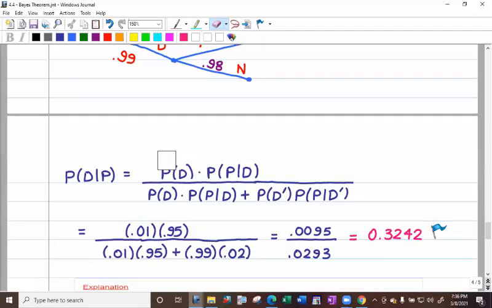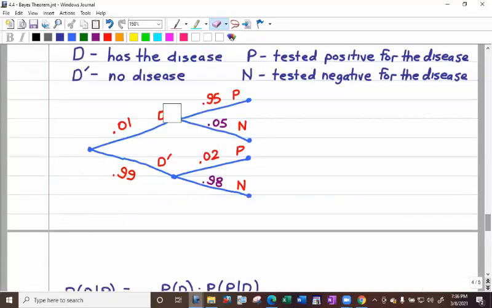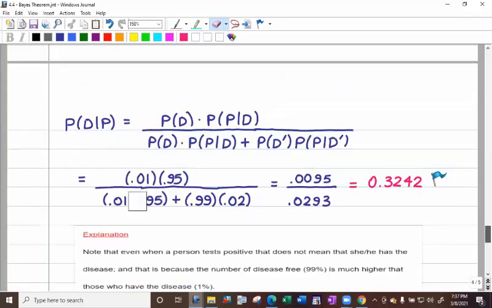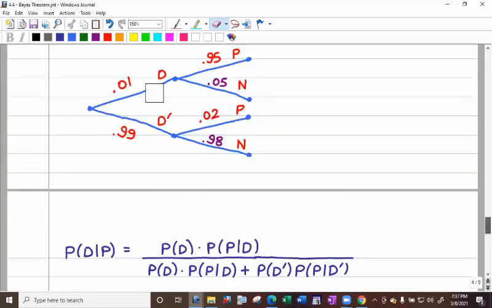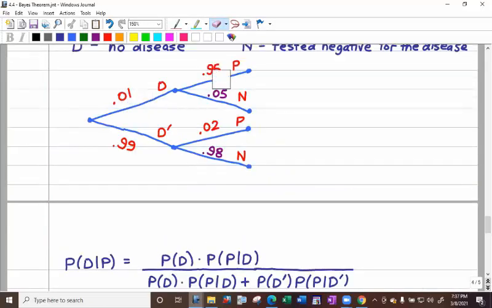Now, I wrote the formula out, but we could do it without even using that formula. I just wrote it out so you could see it. But we know that the P on the bottom, you get the P two ways, by D and by D prime. So you take 0.01 times 0.95 plus 0.99 times 0.02. That's going to be my bottom part. And then the top is just the D and the P multiplied together, because that's what the question's asking. But if it would ask D prime given P, these two would have been the numerator.